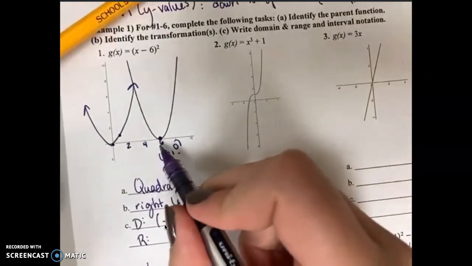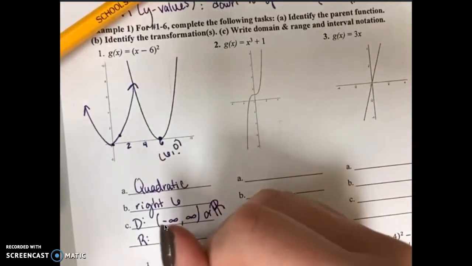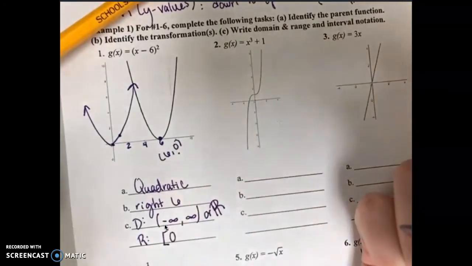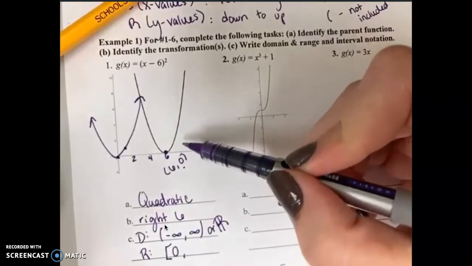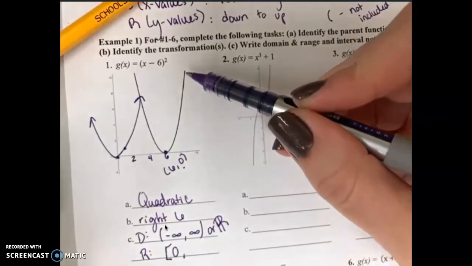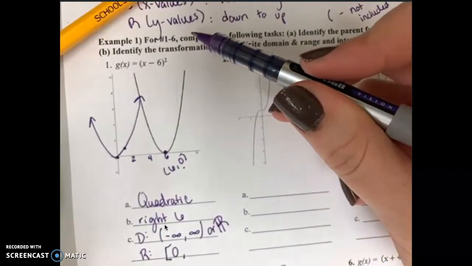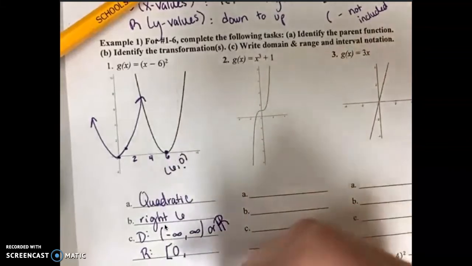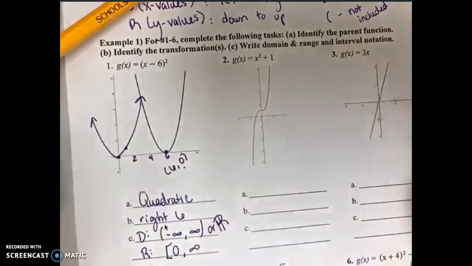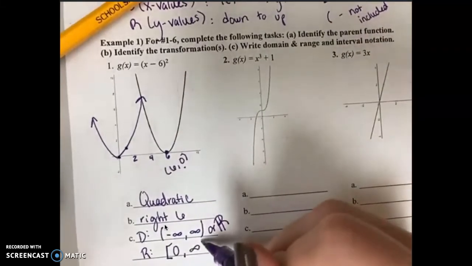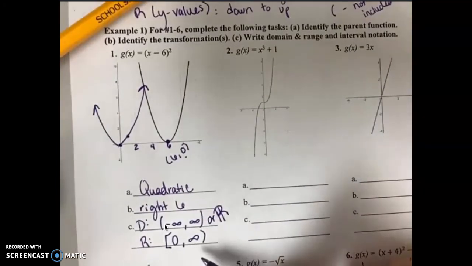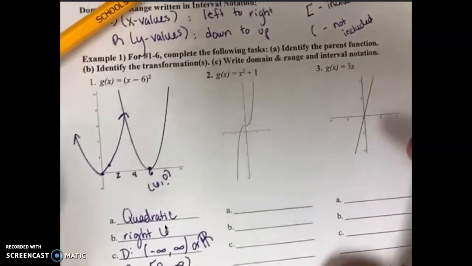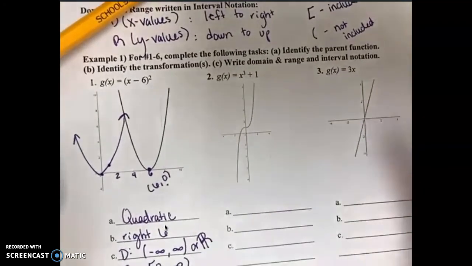And it is a point on that graph, so it is included. I need to use a bracket. And as the function goes up, it's going to keep going and going and going. That means it is approaching infinity, which we've already discussed means you need to use a parenthesis. Infinity cannot be reached, so a parenthesis goes there.